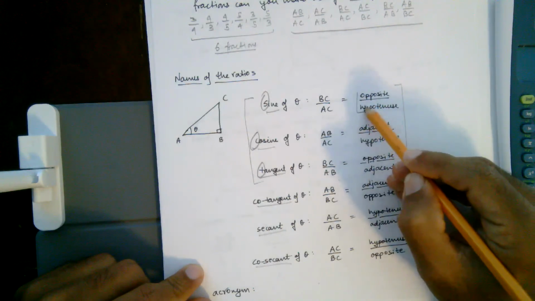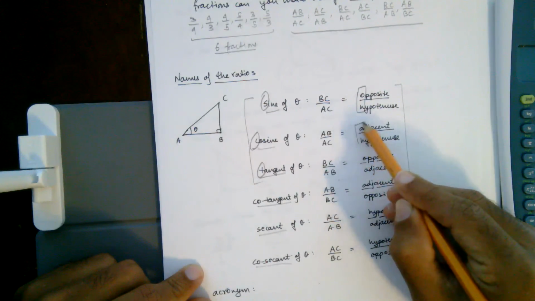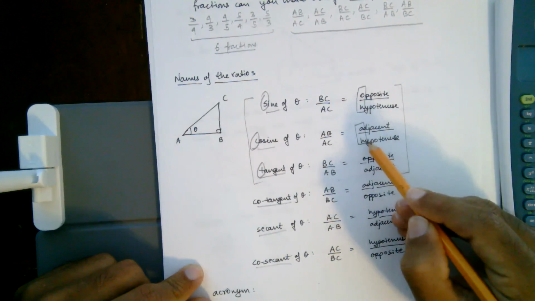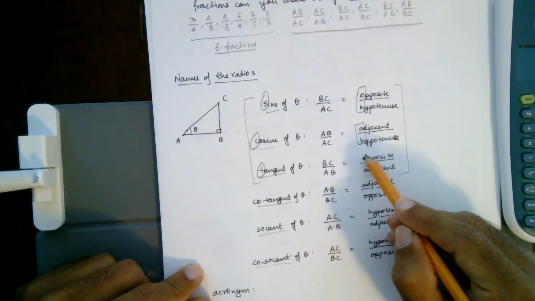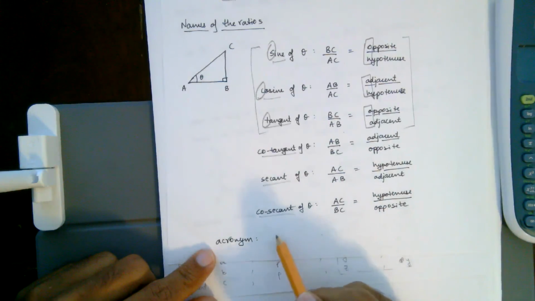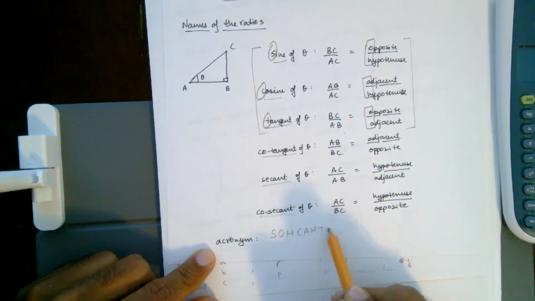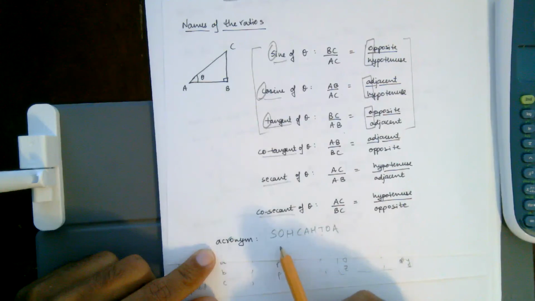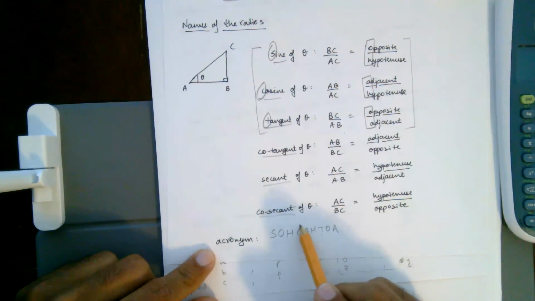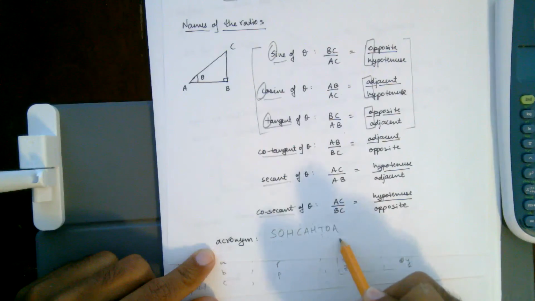Sine is opposite over hypotenuse, so O and H. Cosine is adjacent over hypotenuse, so A and H. And tangent is opposite over adjacent, so O and A. And the acronym is SOHCAHTOA. So if you unpack the acronym, what you get is sine is opposite over hypotenuse, cosine is adjacent over hypotenuse, tangent is opposite over adjacent.